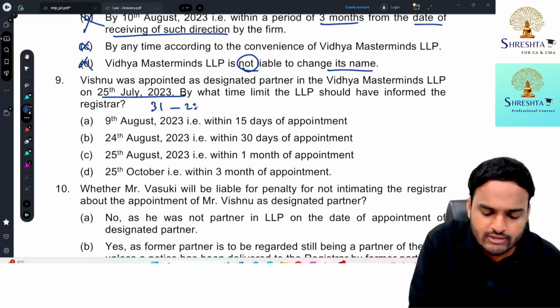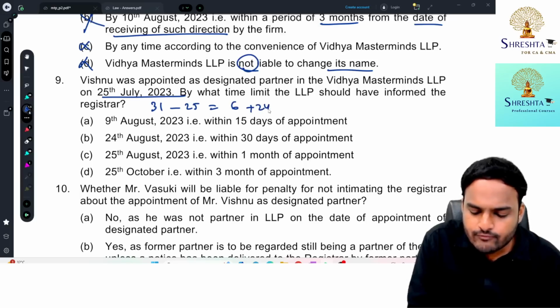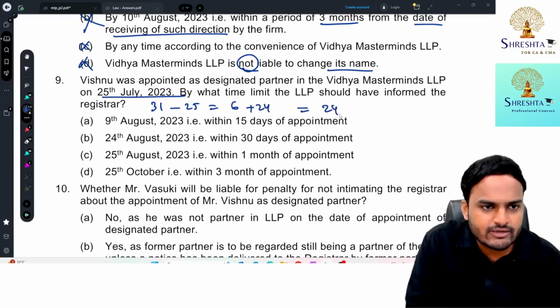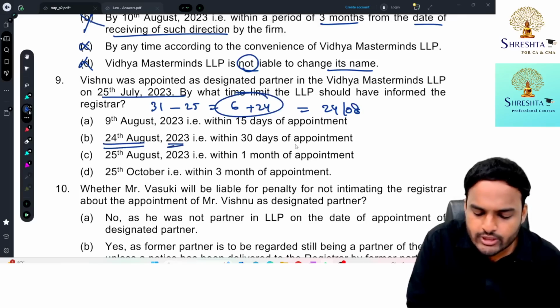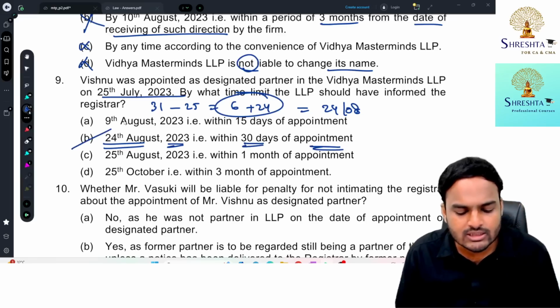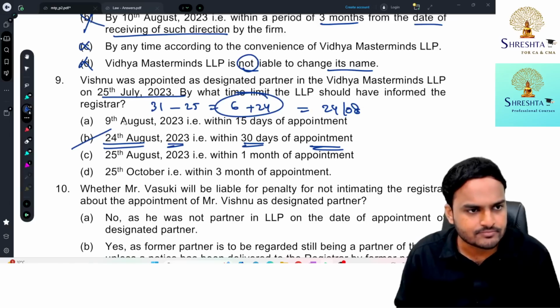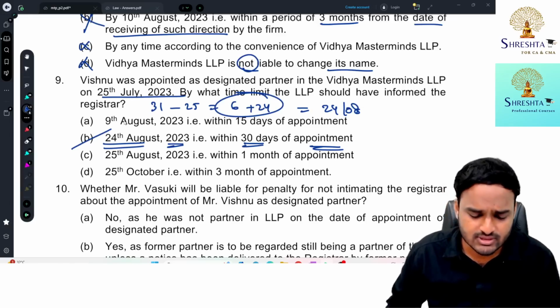So 31 minus 25, 6 days left in July. Add 24 days in August. So by 24th August 2023, that is within 30 days of appointment, LLP should inform the registrar. Clear? 25th July plus 30 days, 24th August.